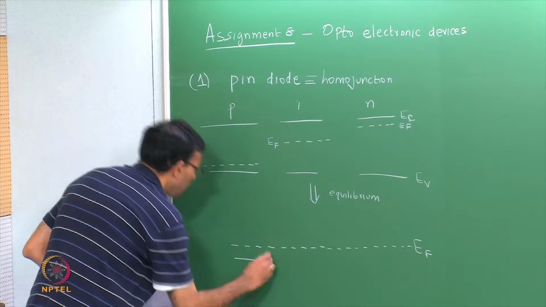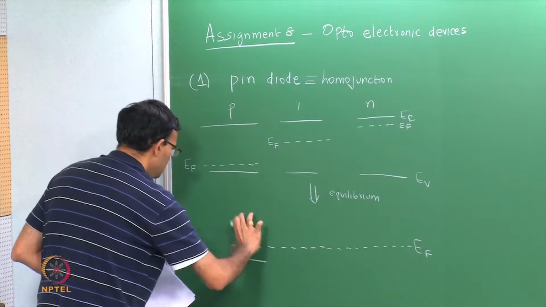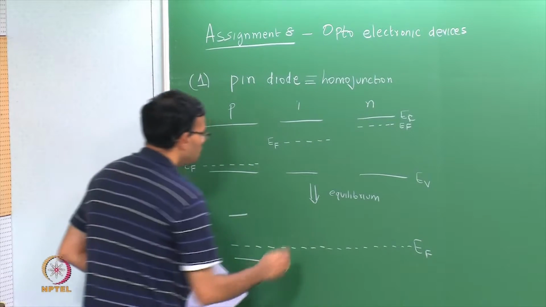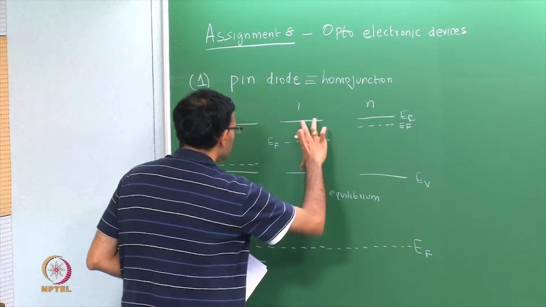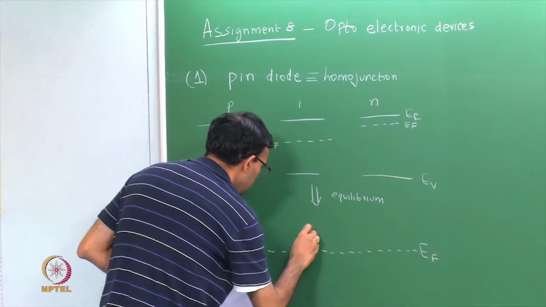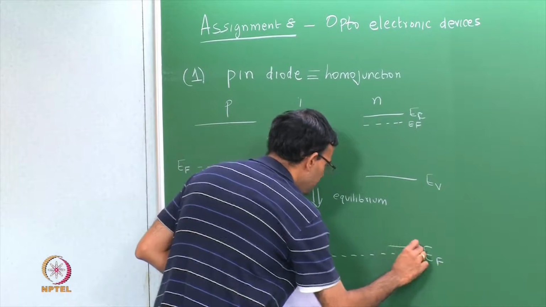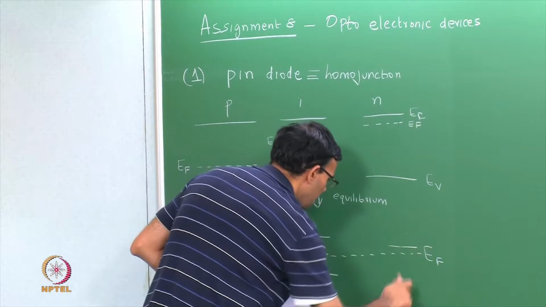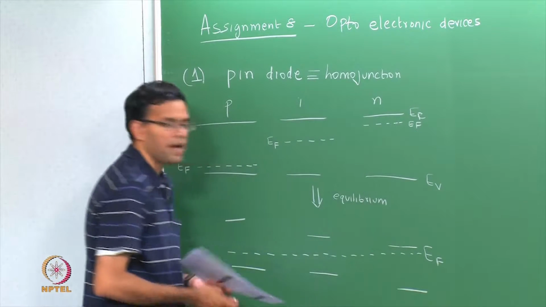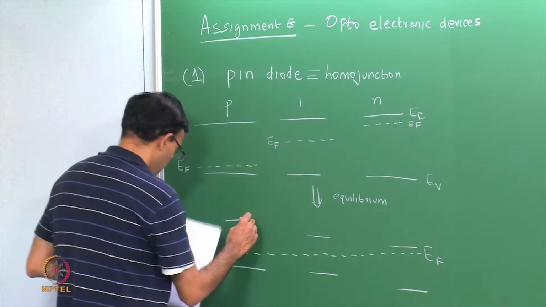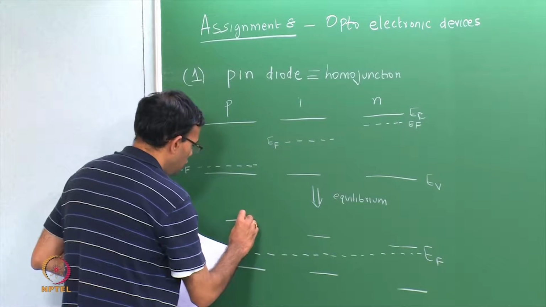So, this is P type, this is intrinsic, and this is N type, making sure that the band gaps are approximately the same, and then we can join all three.